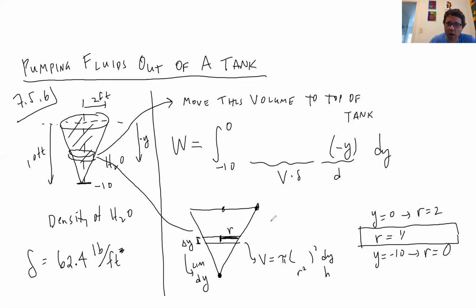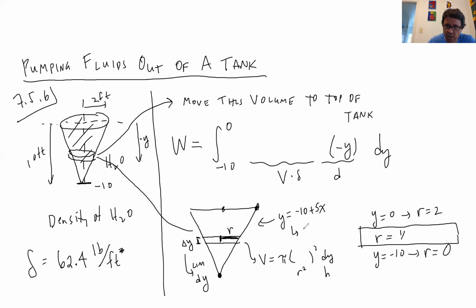If I did it with y, the equation is y equals negative 10 plus 5x, if I wrote it out that way, or even r, because r is side to side. But this is not the equation that I want, because I want everything in terms of y.